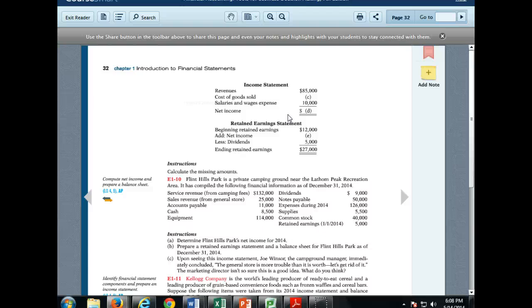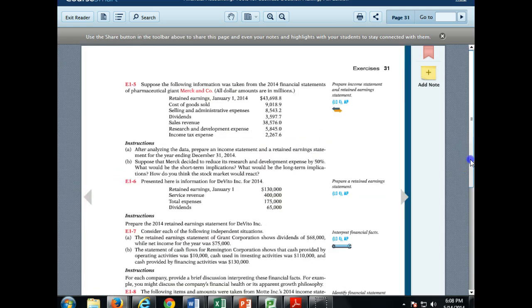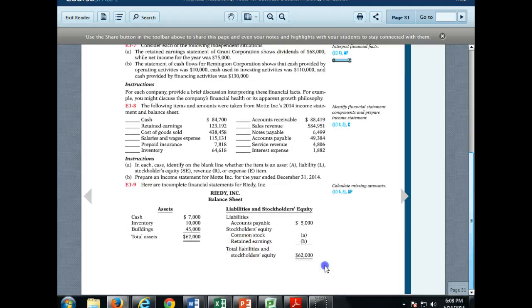Then that net income flows over to the retained earnings section, doesn't it? Because we're adding our net income to our retained earnings, and then this retained earnings of $27,000 is going to show up over here in the liabilities and stockholders' equity section.